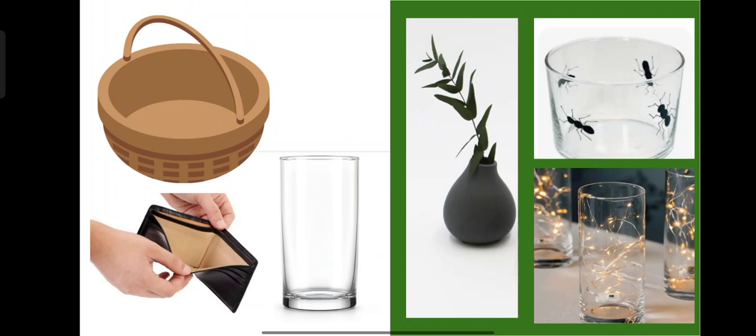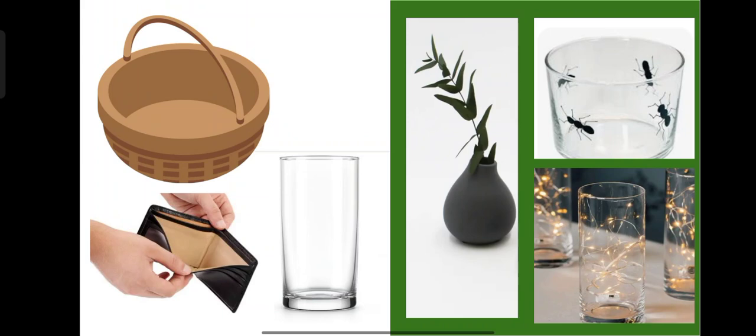The first glass has 4 ants. Whether we want ants or not, whether they are useful for us or not, is not the case in mathematics. Since it has some ants, it is not an empty set. Similarly, the third picture represents a glass with LEDs. It is for decorative purposes, and normally we use a glass for drinking, isn't it?